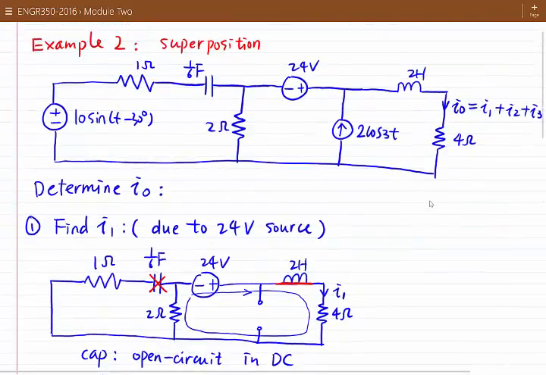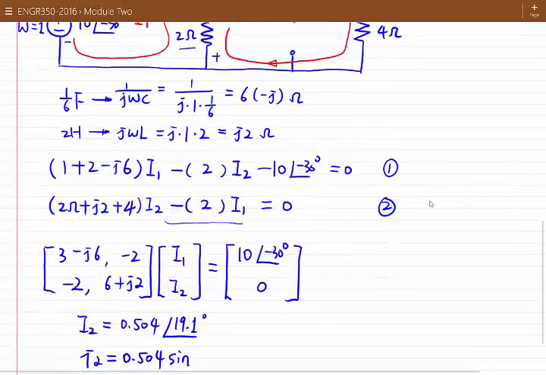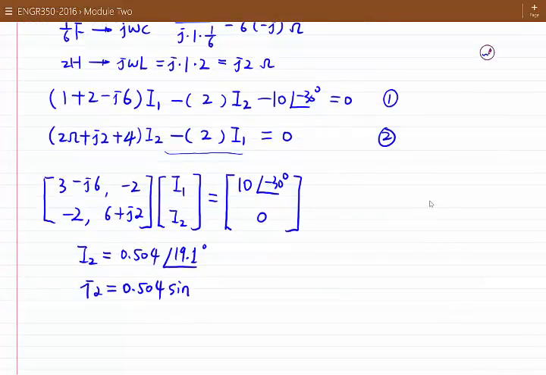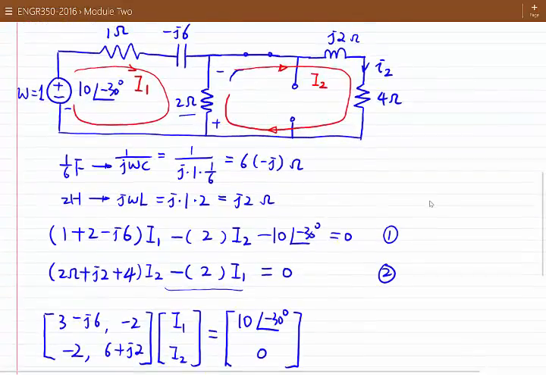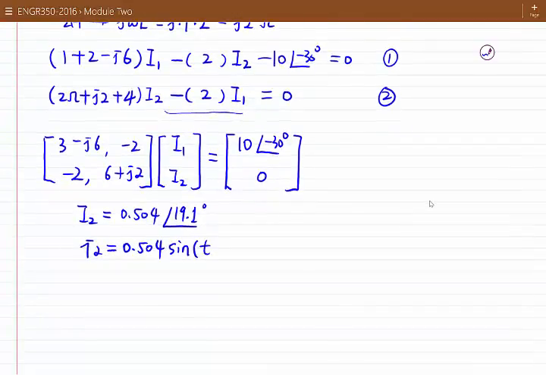So it is sine function here. The frequency here is 1. So it is sine of t plus 19.1 degree. Okay, so this is the output current I2 due to the AC voltage source.